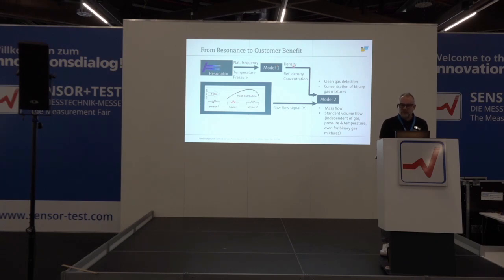So I will show you the calibration right afterward. Then the sensor outputs density, or you can calculate it to reference density, density at reference conditions, or concentration of mixtures. So we can have a clean gas detection, as I already told, or the concentration of a binary mixture.